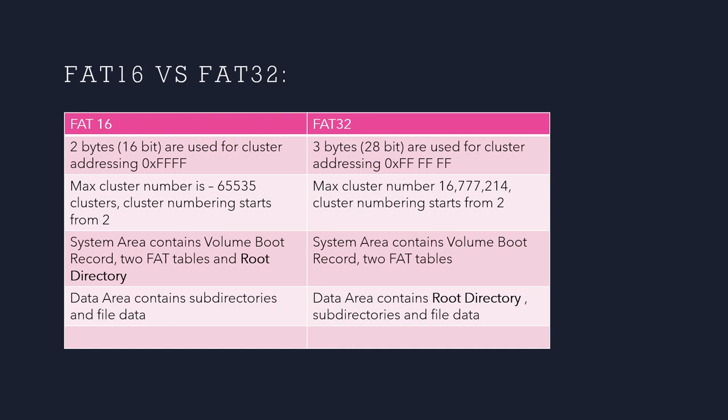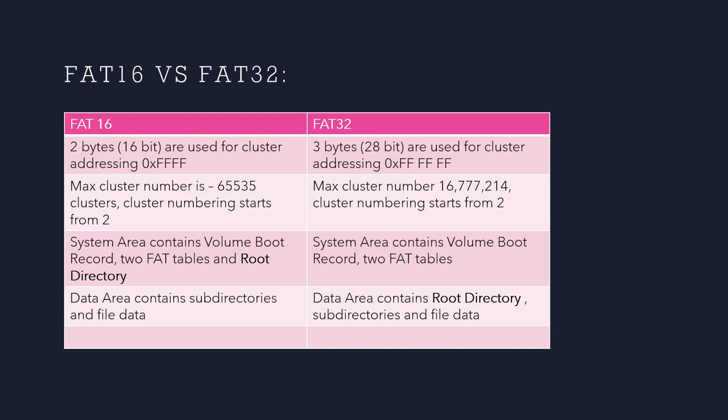In opposite to that, FAT32 file systems already have 4 bytes, or 28 bits, used for cluster addressing. That makes it possible to create more clusters and to format larger volumes with this file system. So the maximum cluster number exceeds 16 million, and also cluster numbering starts from 2. This file system also has a system area and data area.